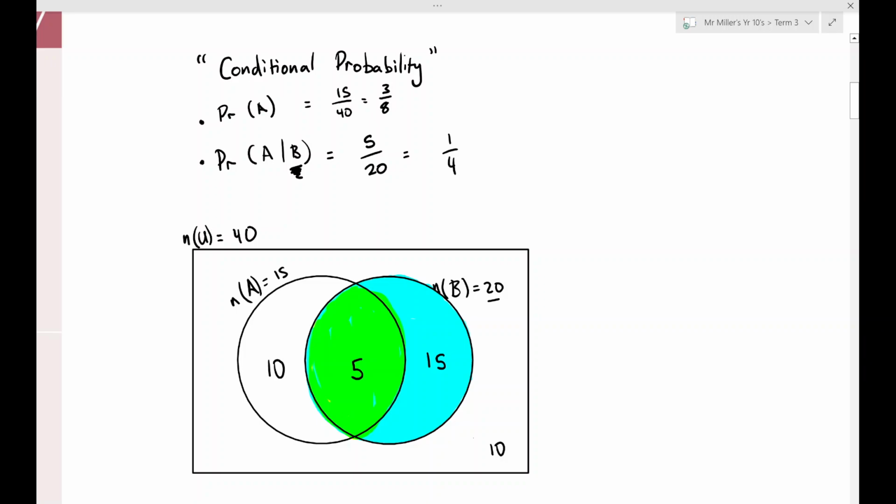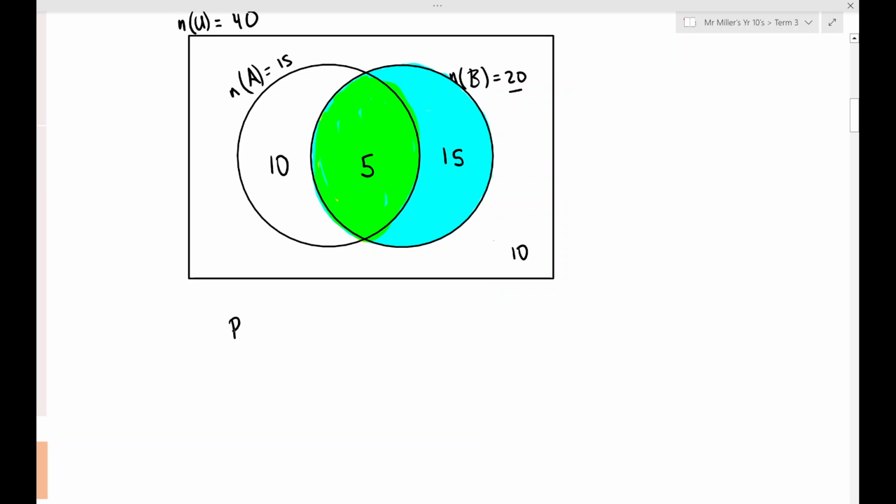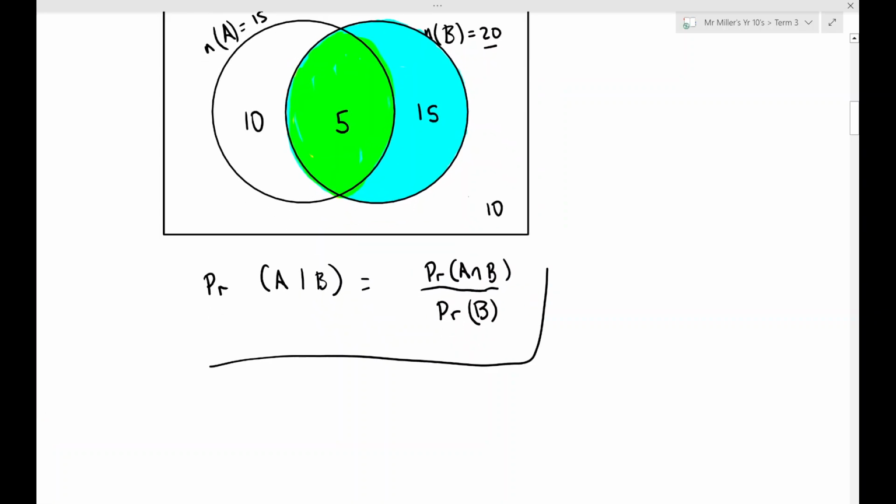But anyways, just to finish this up, let's express this now. If we have the probability of A given B, we saw that was the probability of our intersection out of the probability of our set B. So if you're taking down notes, box this.